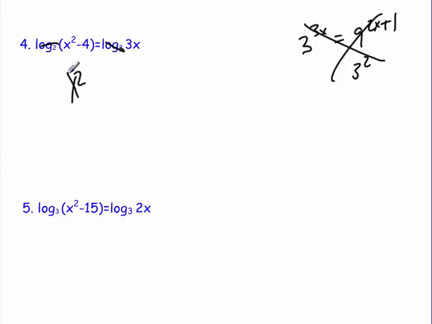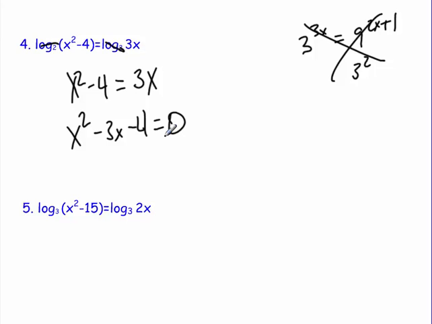So these go away, and I'm left with x squared minus 4 equals 3x. Bring this over, and I'm left with x squared minus 3x minus 4 equals 0. Now we have a quadratic, no big deal, we just factor it. What are my factors of negative 4 that add together to give me negative 3? Well, it's x minus 4, x plus 1, and that equals 0.